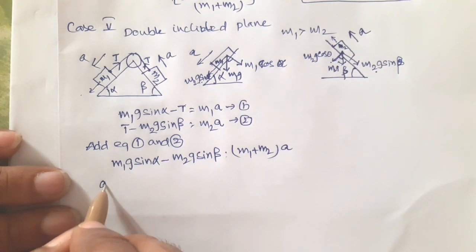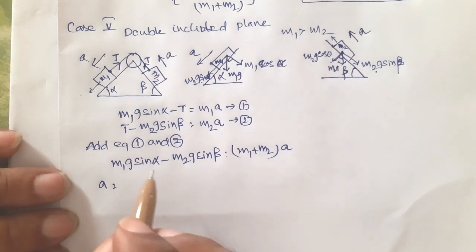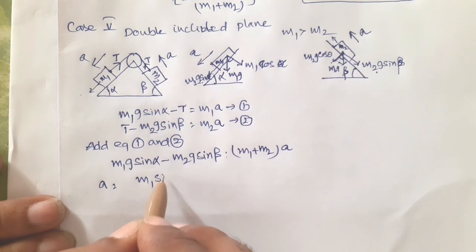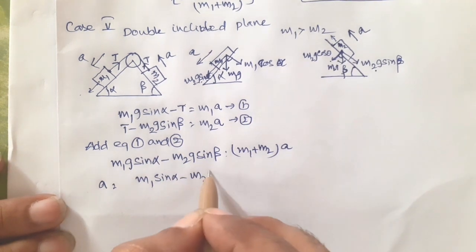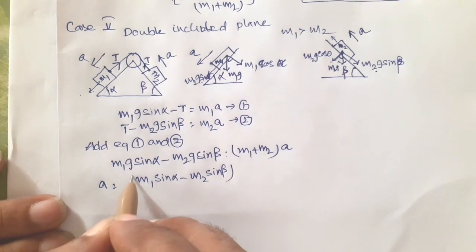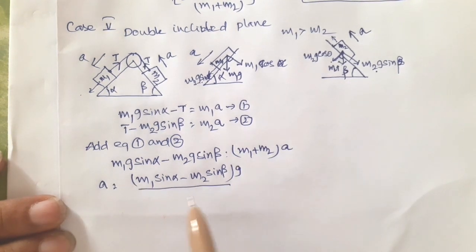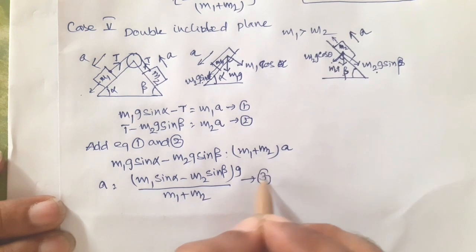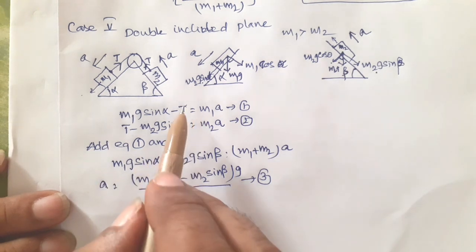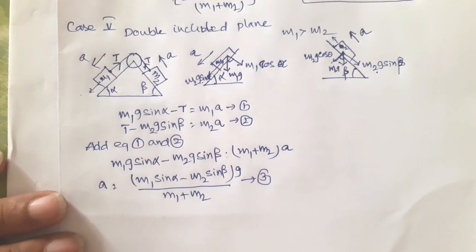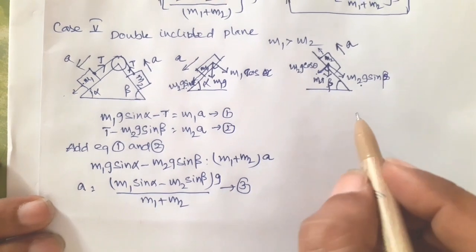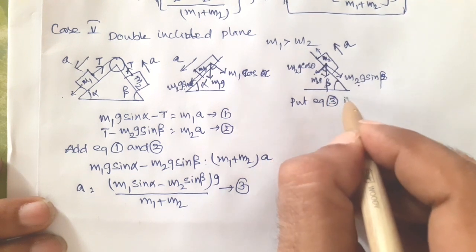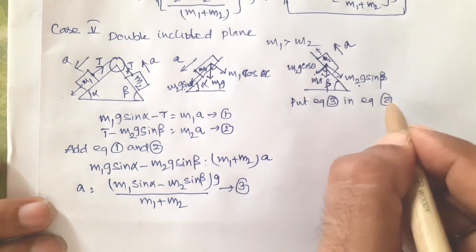Therefore, the resultant acceleration is equal to (m1 sin alpha minus m2 sin beta) g by (m1 + m2). Now substitute this value either in equation 1 or in equation 2 to get the tension. Now put equation 3 in equation 2.